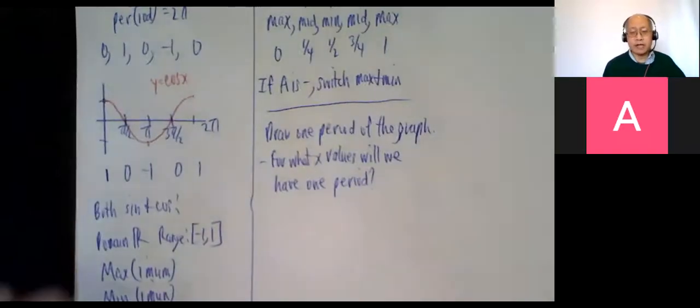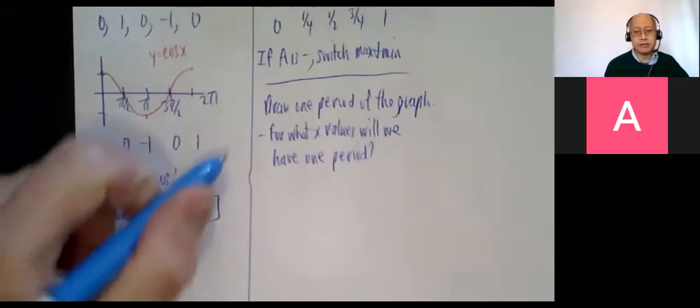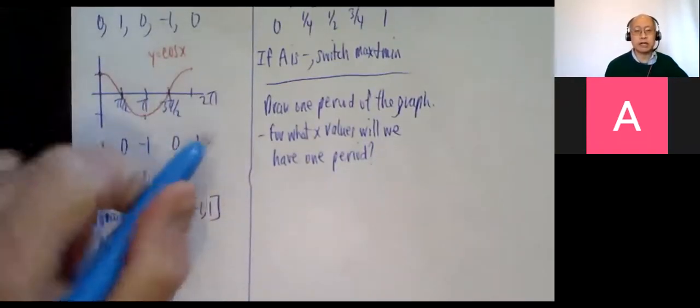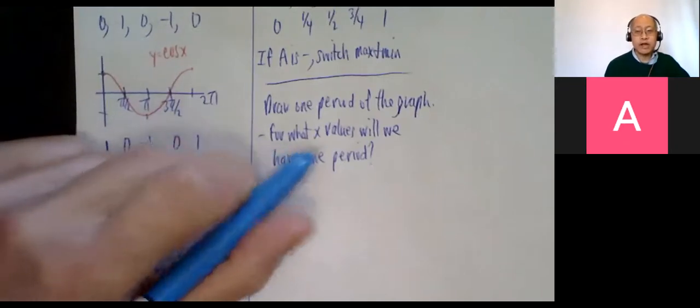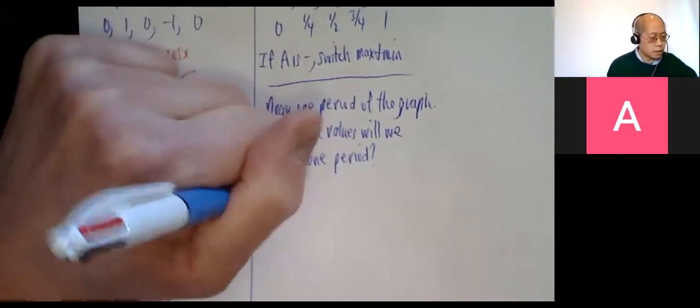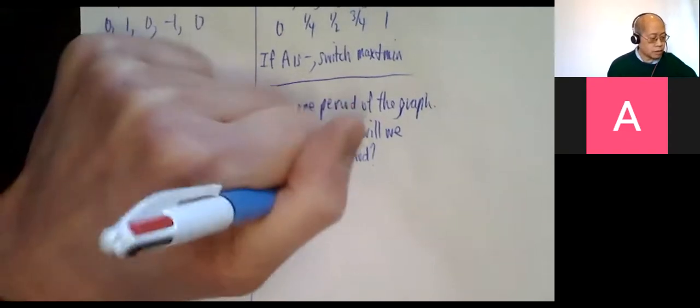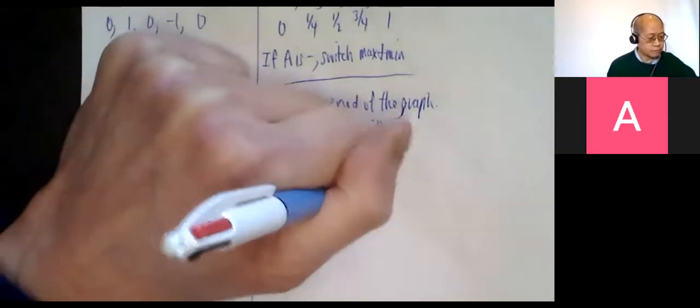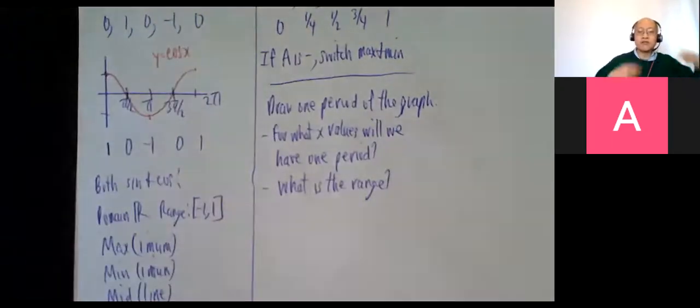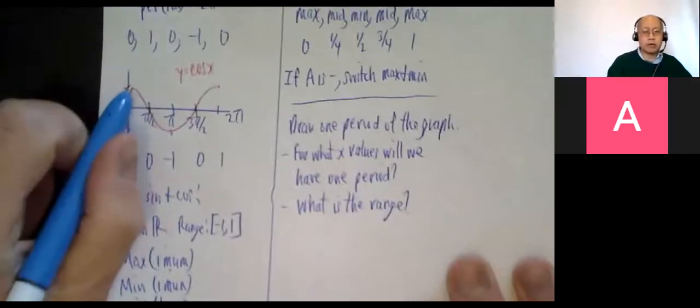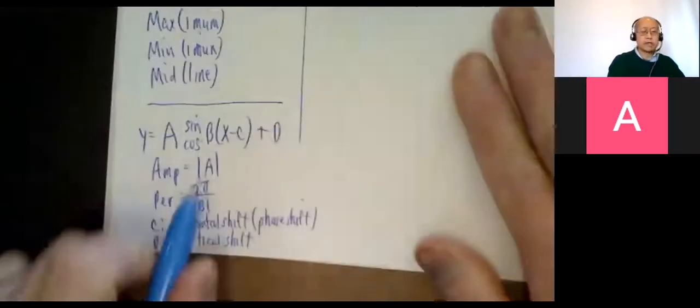Okay. I know I'm taking quite a bit of time. You're used to seeing me just go straight to the problems, but we need to develop all of this ahead of time. For what x values will give us 1 period, and we also know what is the range. Set of y values. Here it's from -1 to 1, but it's going to change once I do all this stuff.